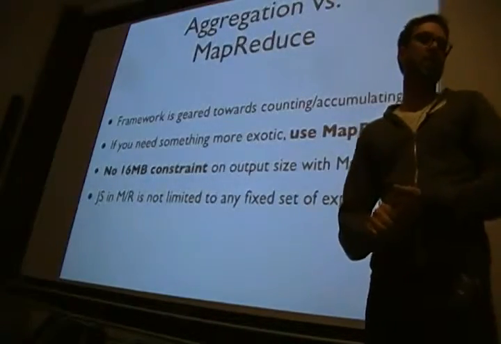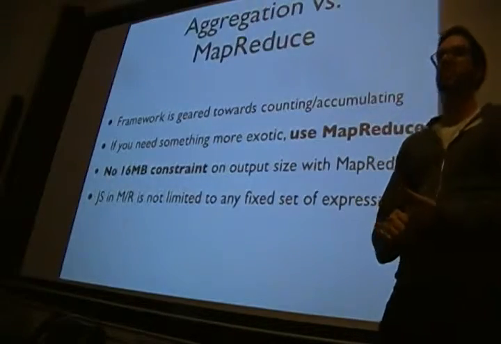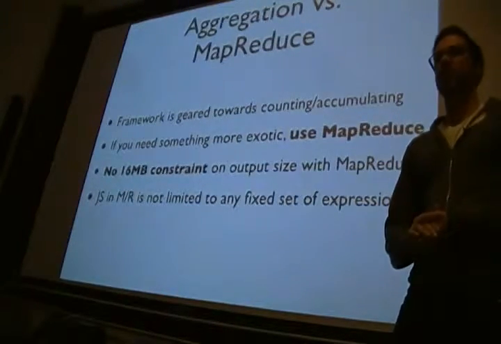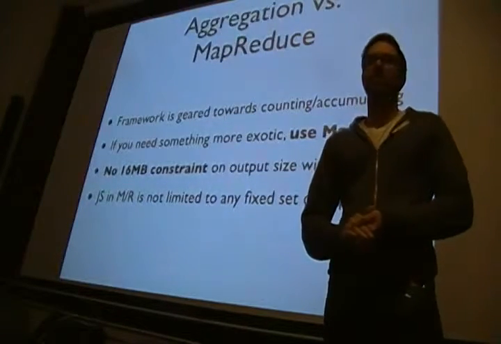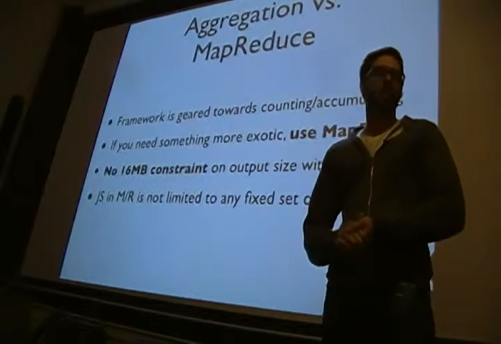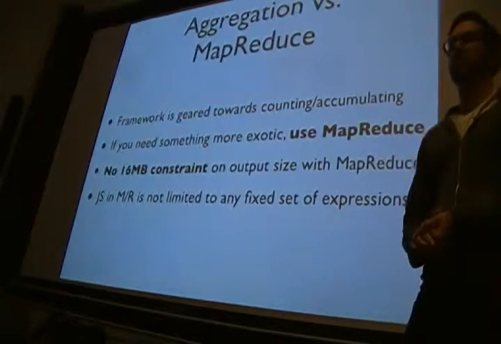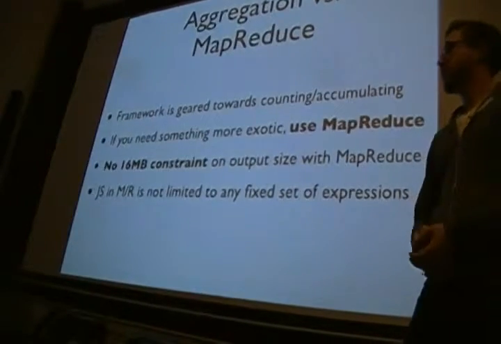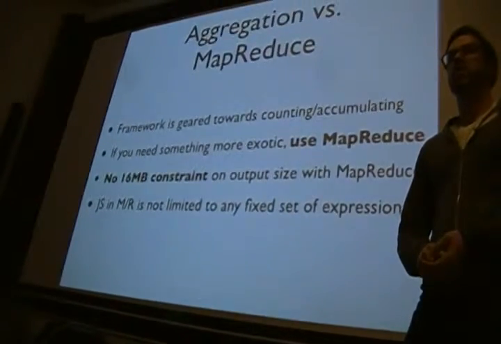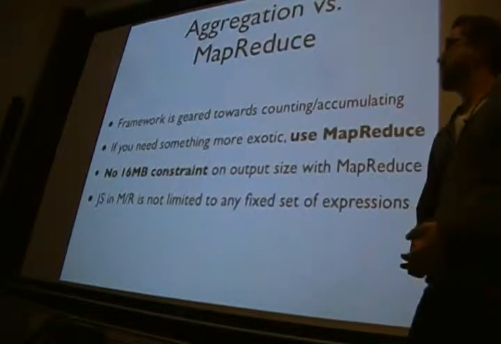A lot of people also ask us, now that we've introduced this, how does it relate to MapReduce? Is MapReduce going away or being phased out? The answer is no. We still work on MapReduce pretty heavily. This framework is geared towards doing things like counting, accumulating, grouping, basic stuff, but stuff that covers a really wide range of useful applications.